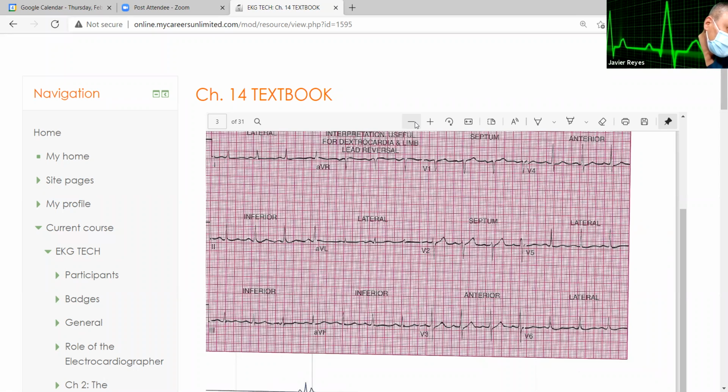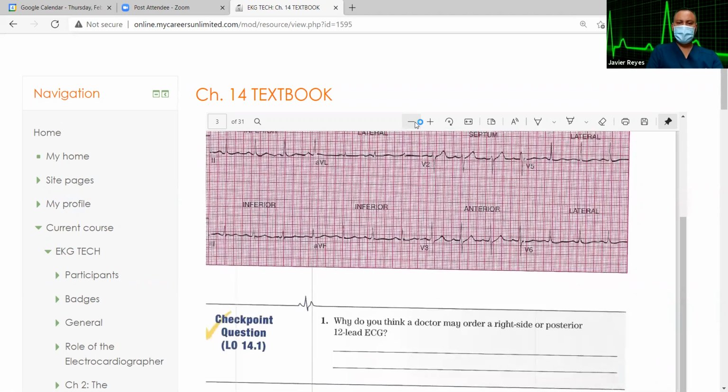Which ones did you say again, Rico? 2 and 3? No, you're right. I thought those were V4 and V5. No, you're right. At least V2 is, right? V1 and V2. They look a little bit weird. Let's look at some more. Let's go to the next page.